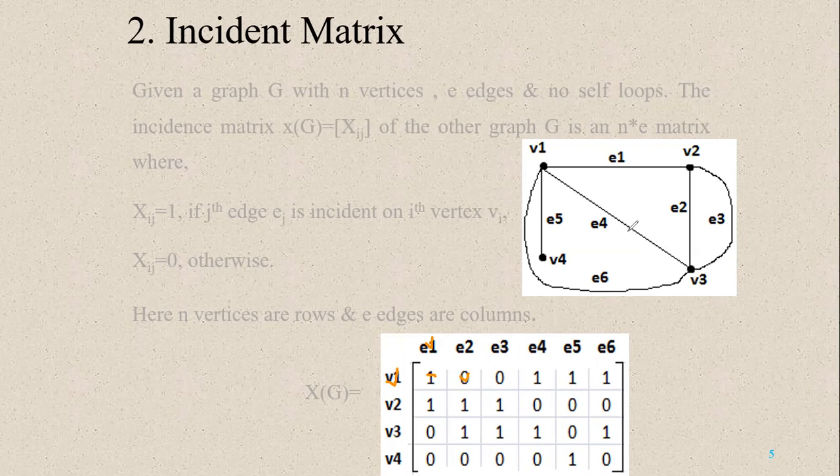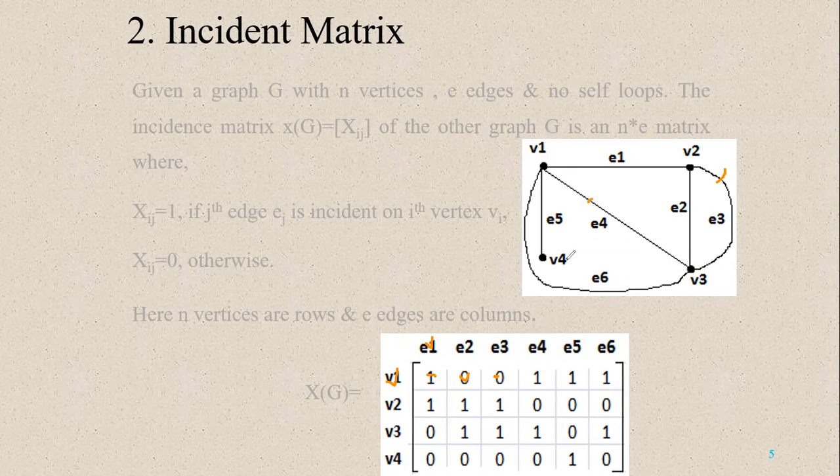The edge E3 is not incident with vertex V1. Therefore, the value is 0. Next, V1, E4. E4 is incident with the vertex V1.